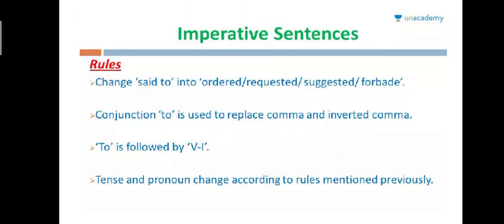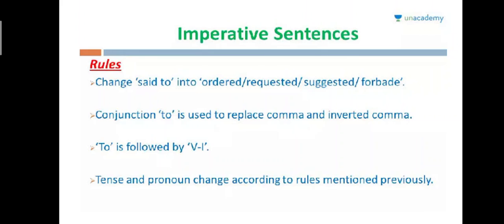So these are the rules that we follow while changing direct sentence into indirect. First of all, change the "said to" into ordered, requested, suggested, or forbade. So these words depend upon the nature of the sentence.